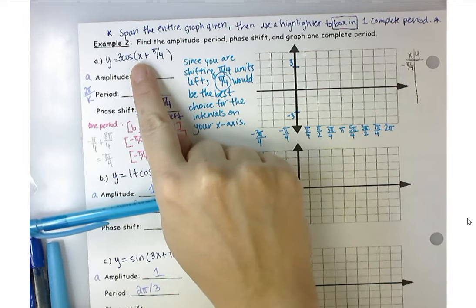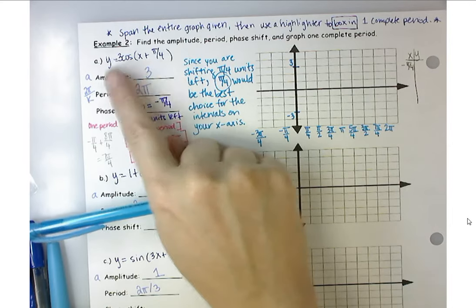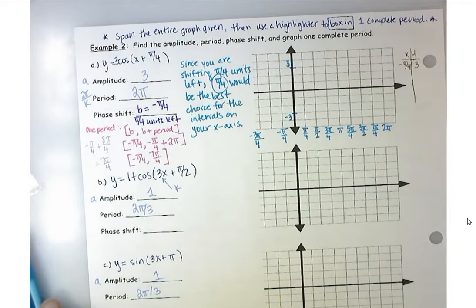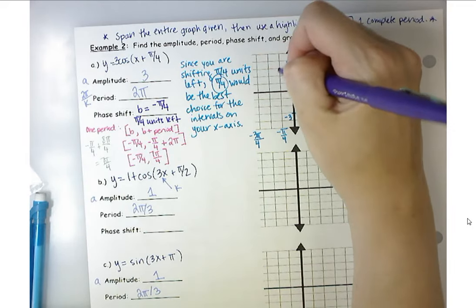What's negative pi over 4 plus pi over 4? 0. That's why I'm plugging it in. The cosine at 0 is what? 1. 1 times 3 is 3. So then my point is at negative pi over 4, 3.